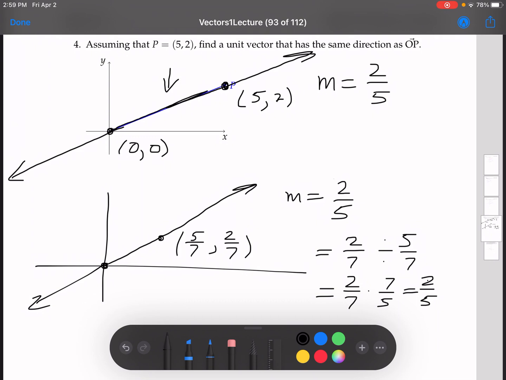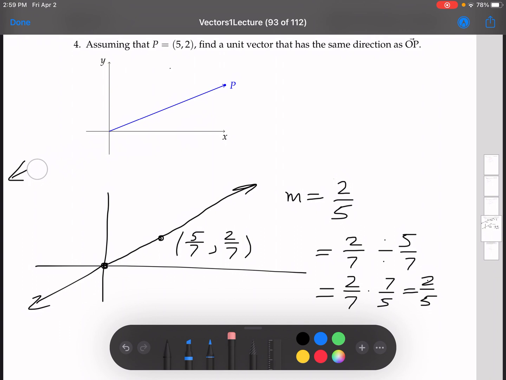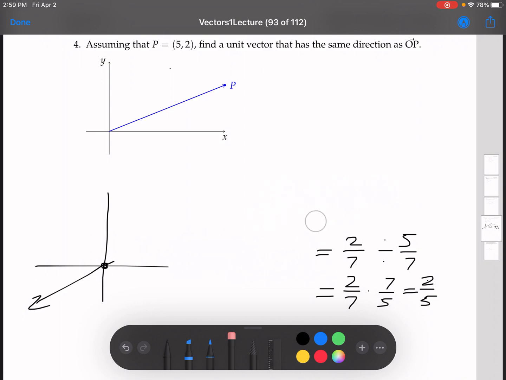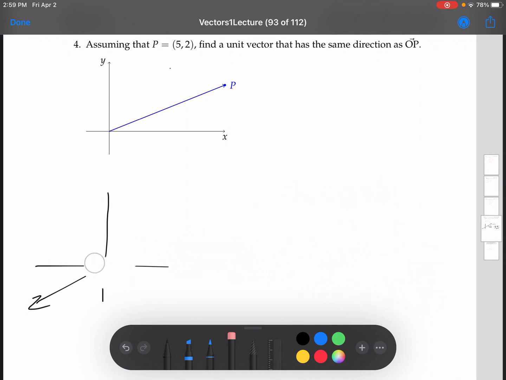So the point of all this is that we can divide 5 and 2 by anything, as long as it's the same thing, and we'll stay on the line that goes through 0, 0 and 5, 2.